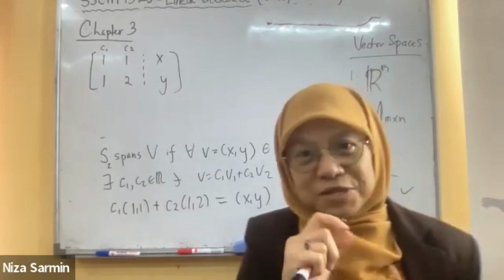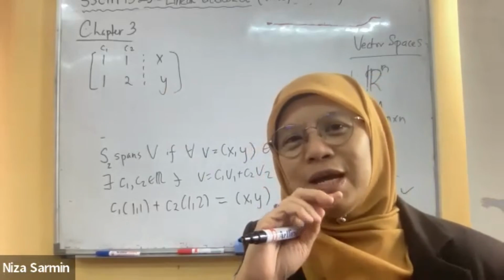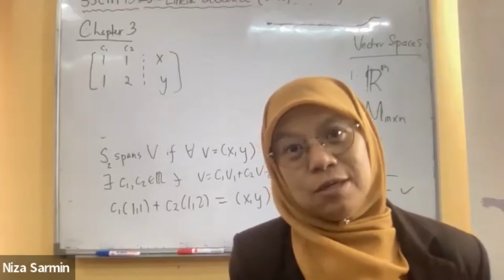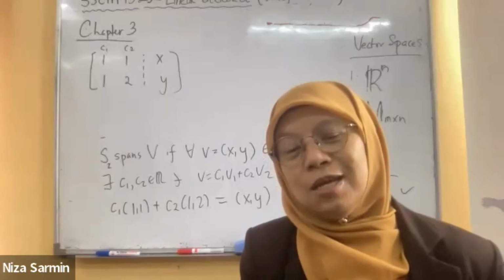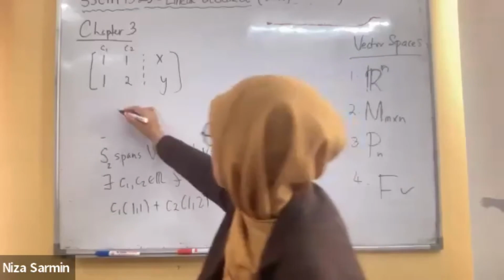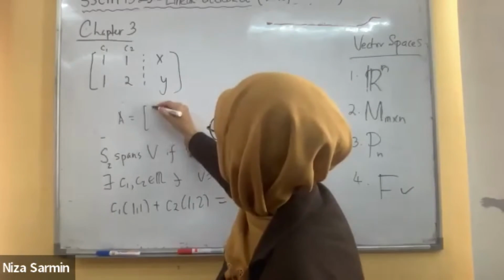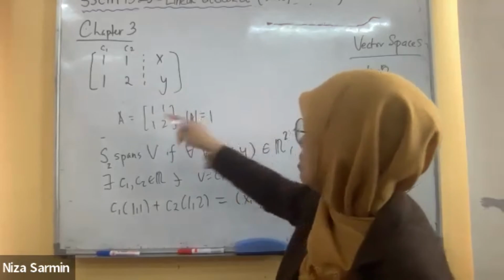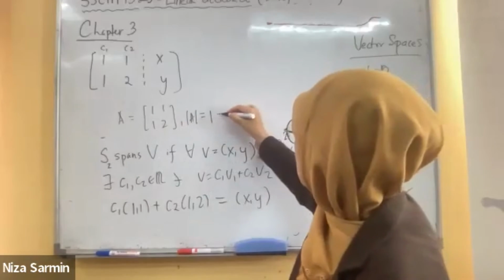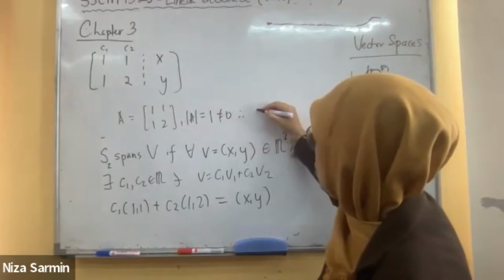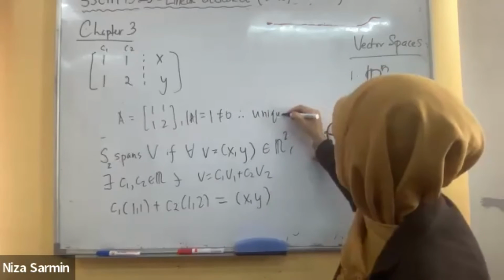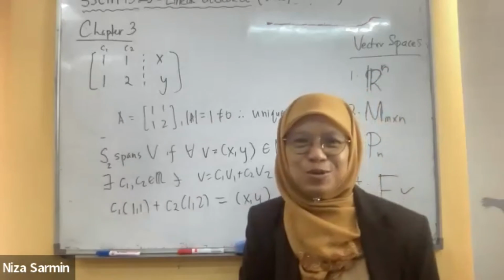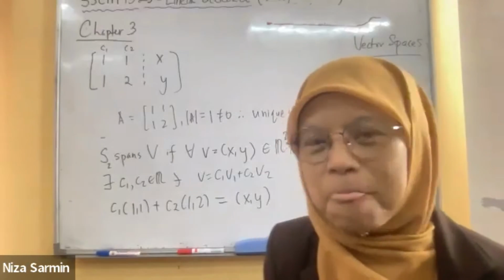Okay, actually, if you don't have to find c1 and c2, you can stop here and say that A is the coefficient matrix and determinant of A is 1, which is not 0. So there is a unique solution for c1 and c2.